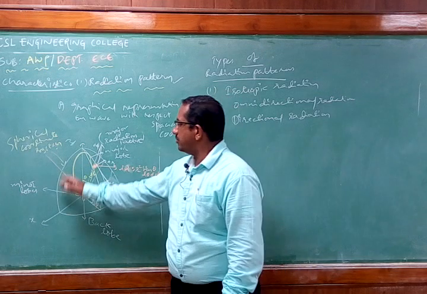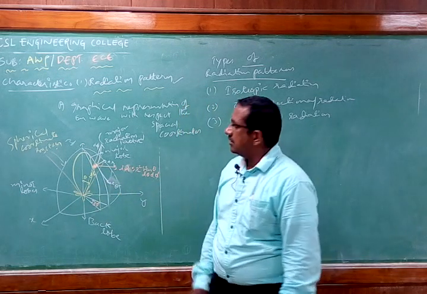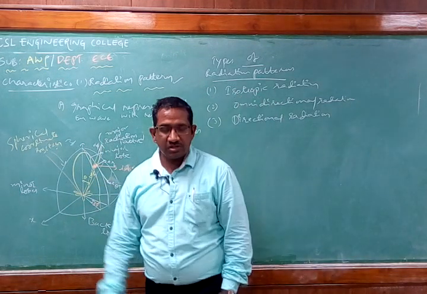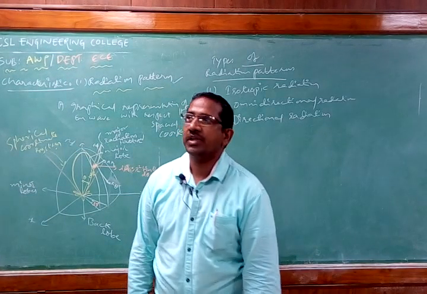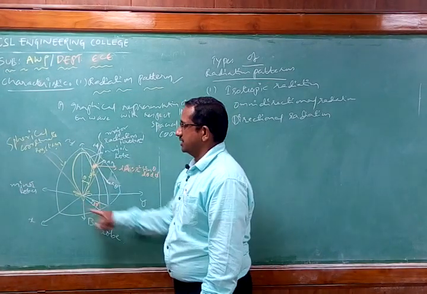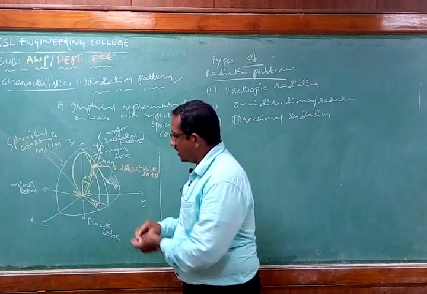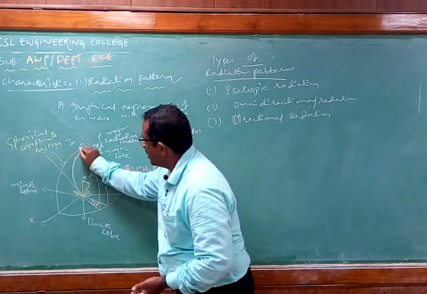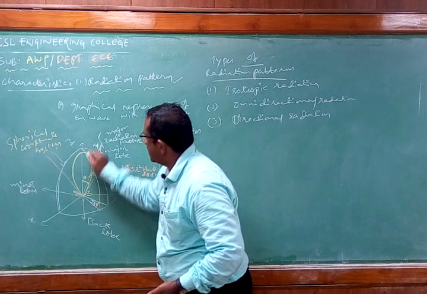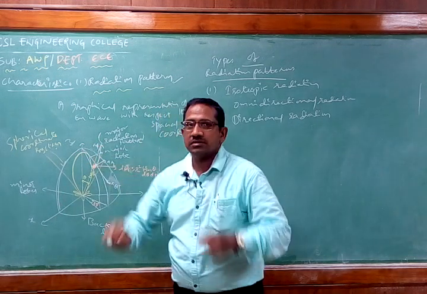Now here, on a two-dimensional plane, we are drawing a three-dimensional spherical coordinate system. That is why it looks like this. In reality, the exterior lines that I have drawn are spherical in nature.